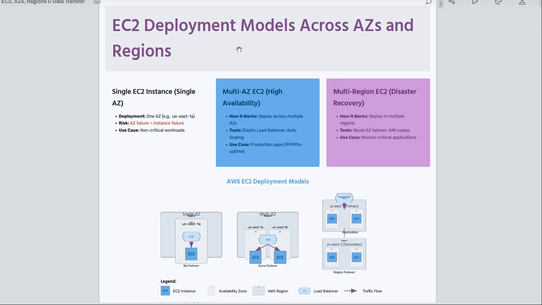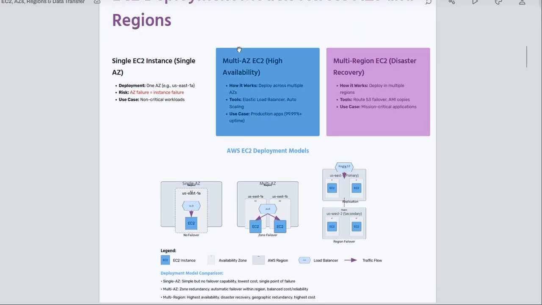That means EC2 high availability. How it works: we deploy in a region across multiple availability zones, and we use tools like Elastic Load Balancer and the Auto Scaling group feature.